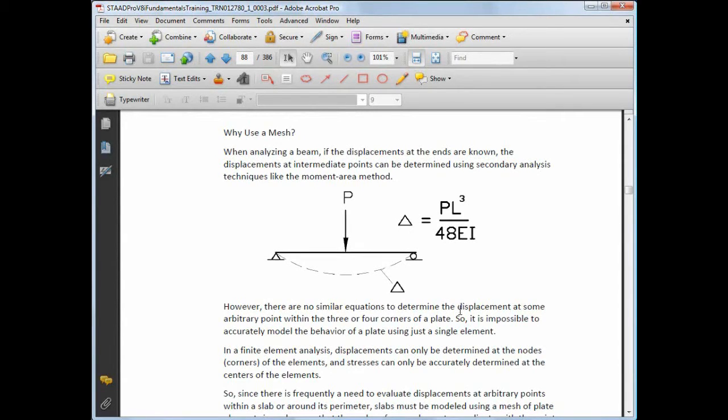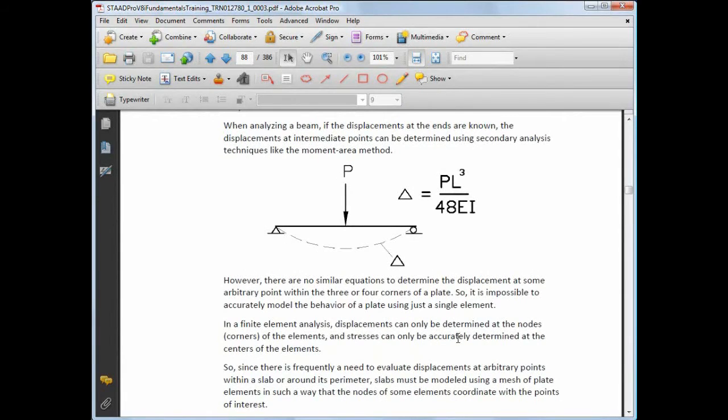Unfortunately, we don't have similar equations to describe the deflections of intermediate points on plates. So what we end up having to do in a finite element analysis is describe the deflections that occur at the nodes, or the joints, or the points of connectivity between adjacent plates.